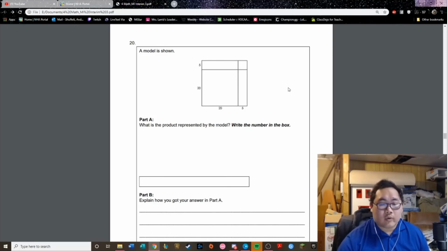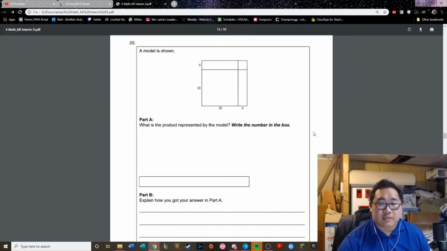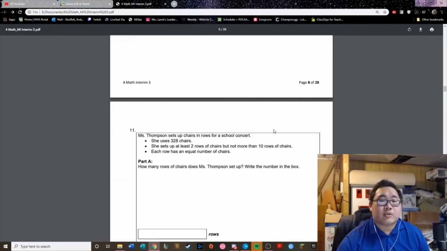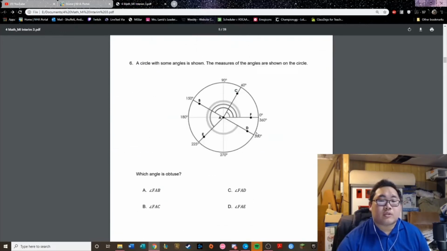So, I really hope that this is helpful. I've given you the answer to 2 of these things. Again, boys and girls, this is not your actual interim test. They're cancelling it all. And this is mostly just work for you to look at and help you refresh. Again, this is something that you see with Miss Brown. Angles is something that you've never seen before, but angles, boys and girls, are pretty straightforward.